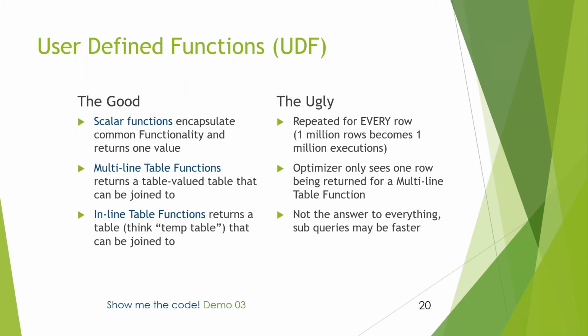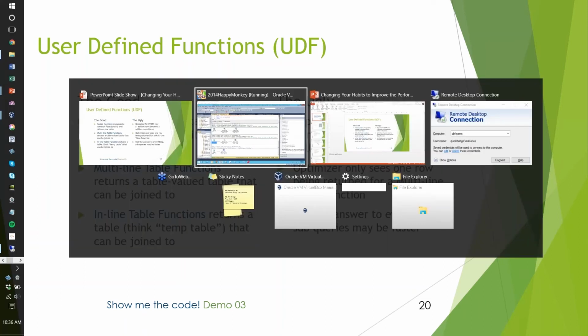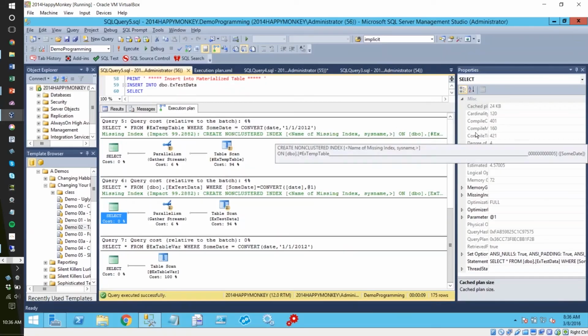When you look at your execution plan, you'll see that the tables that were utilized in the inline table function are embedded in the outer select statement, but it is not the answer to everything. You might find that a subquery performs better or a CTE performs better. So again, you need to take a look at what's going on in your query or view.